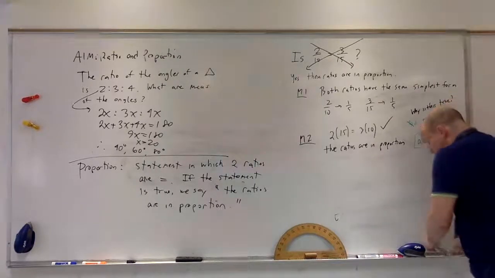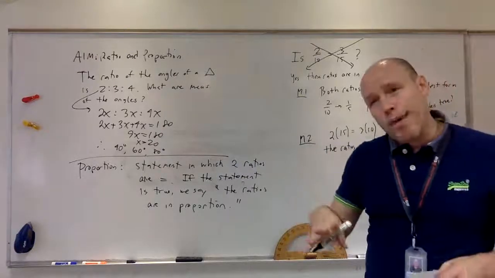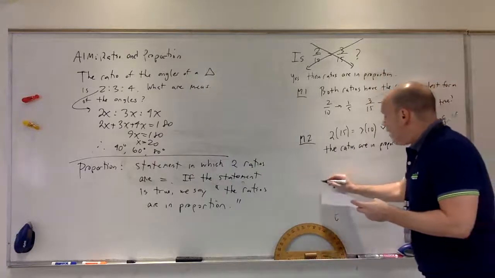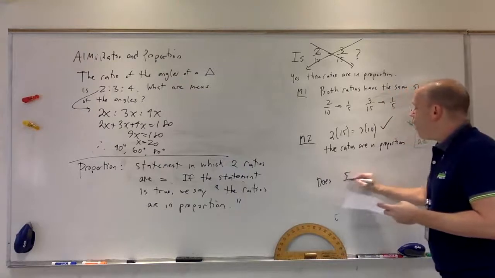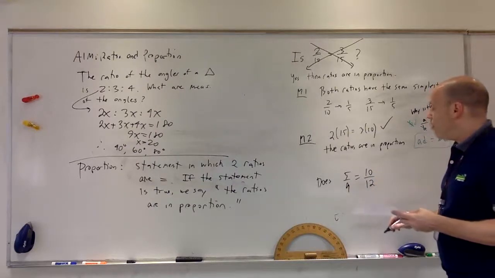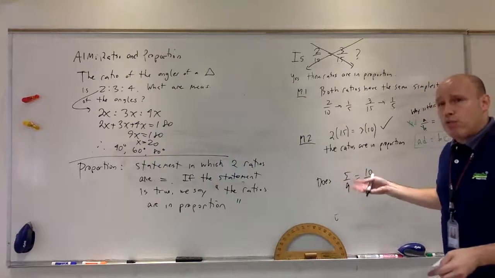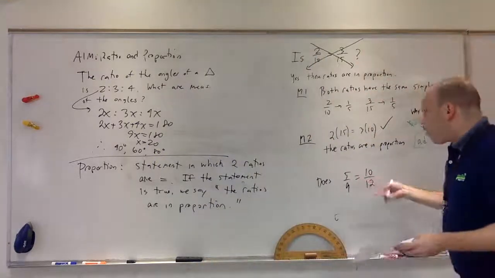Nice. Let's move on. So you can use either method to determine if two ratios are in proportion. For example, does 5/9 equal 10/12? And the question is, are these ratios in proportion?